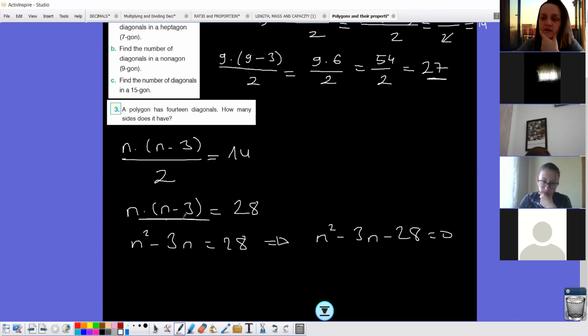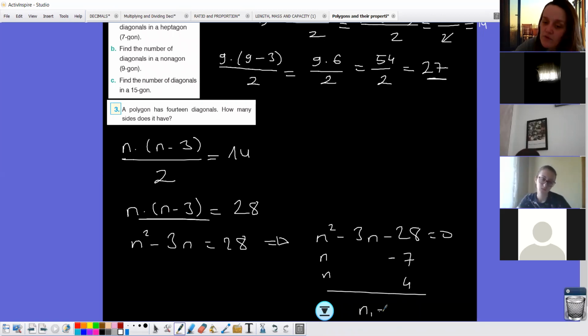You need to find the factors of 28, and there are lots of them to find. You can do it like that, but we know the easier way. n, n, and this is 3n, and here I have 28. So it is 7 and 4: minus 7 and plus 4, because we have minus here, 7 will be minus.